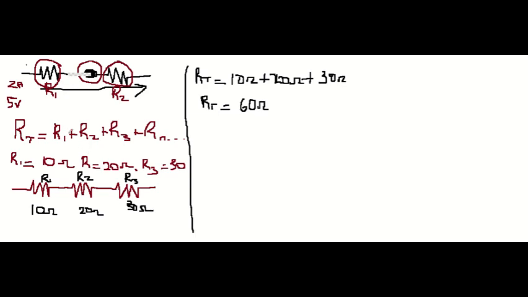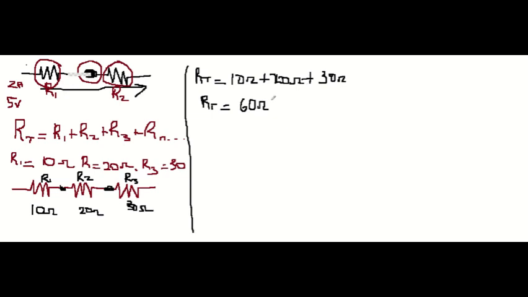So 3 resistors connected in series, and they are connected end to end, R1, R2 plus R3, and then you will get, so 10 plus 20 plus 30 will give us 60.